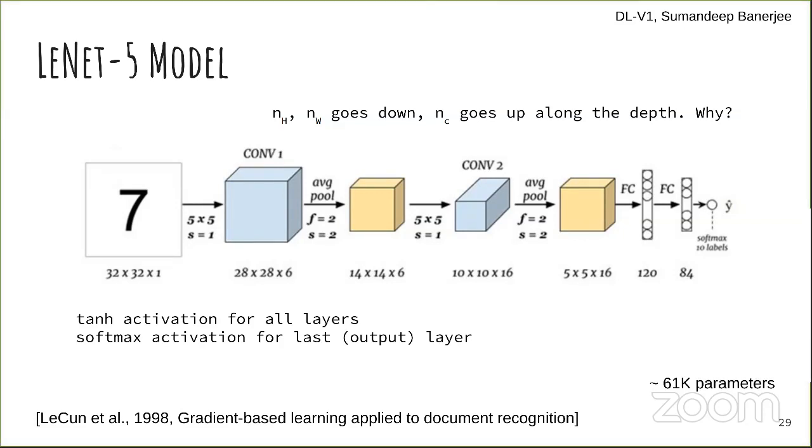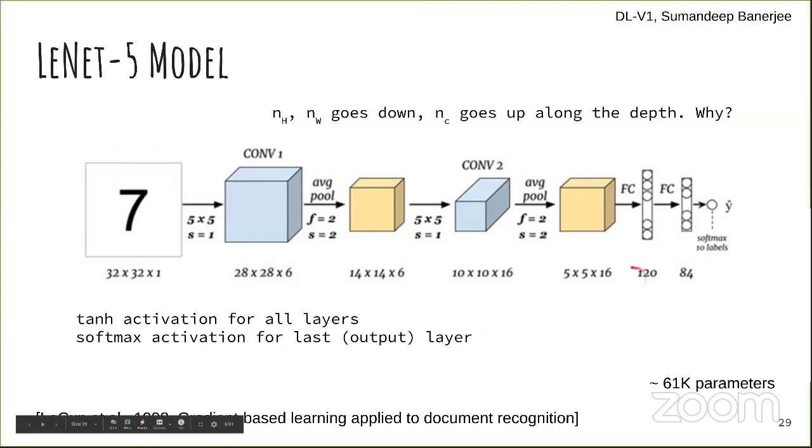Ultimately, we computed 400 features, and now these features are going to be fed into a traditional dense neural network, which would act as the classifier. This is the architecture proposed here, and the structure has more or less remained the same even now. That is why this is a very seminal paper.